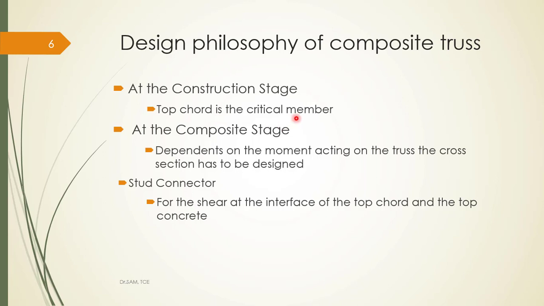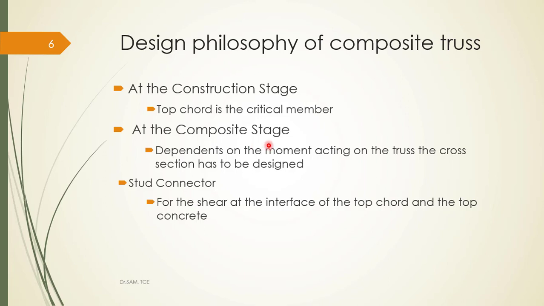Therefore, it may undergo instability in its behavior and fail due to buckling. Therefore, in the construction stage, we take the top chord as the critical member and design that member for the construction stage. The top chord should be safe in the construction stage to make the structure stable enough to go for the composite stage.